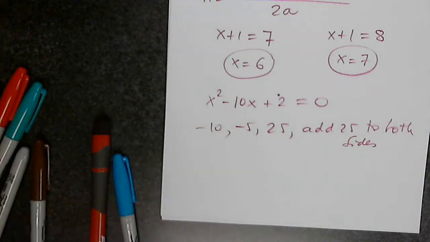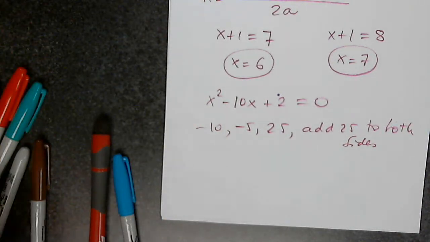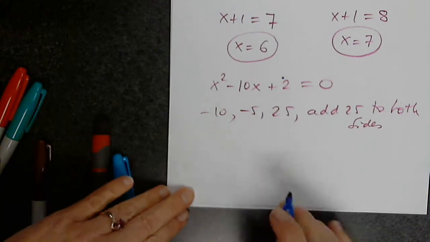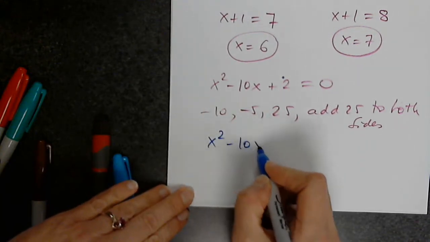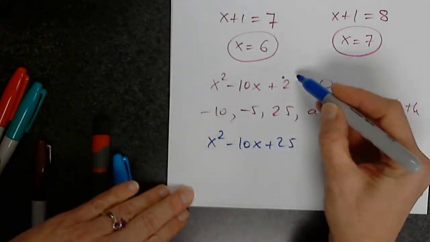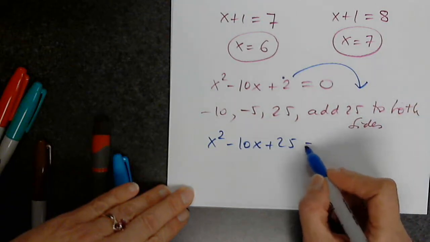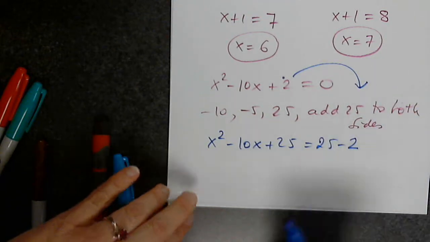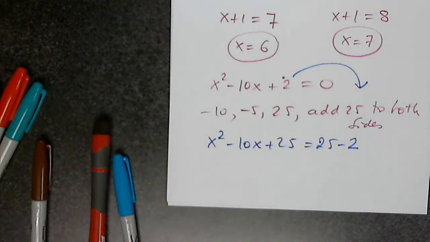So I have to write x squared minus 10x plus 25, and I will move 2 to the other side, equals 25 minus 2. So I have to add 25 to both sides and move 2 to the other side.